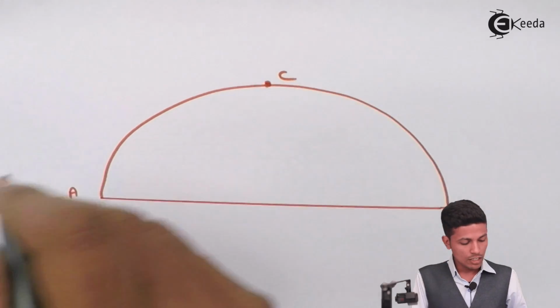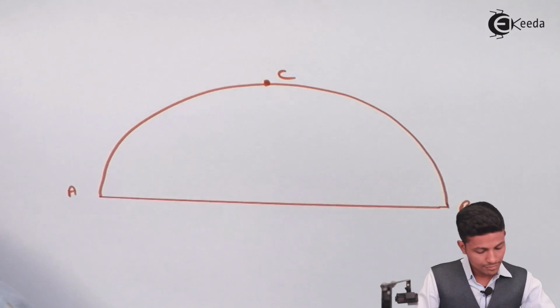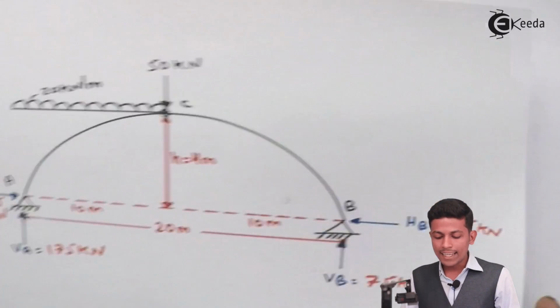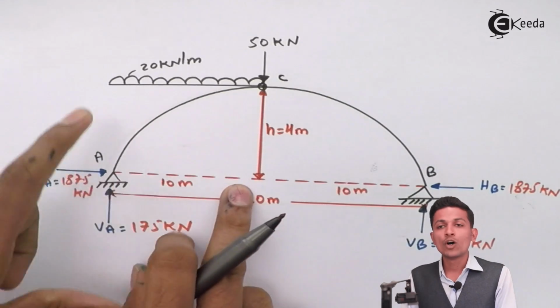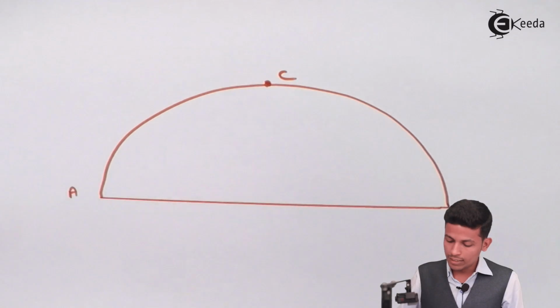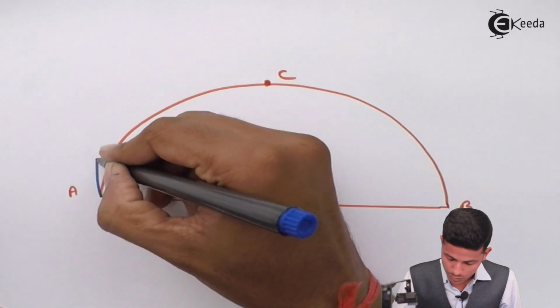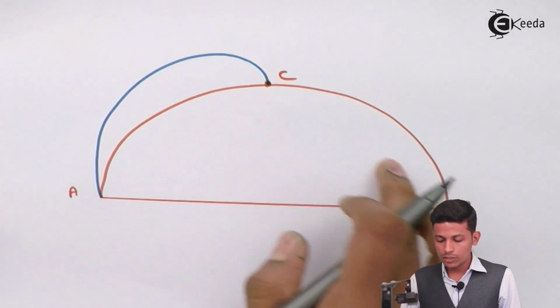Now see the diagram. In the diagram, this is a UDL, or this is the maximum positive bending moment over here. That's why this will come like this, and here there is no load.